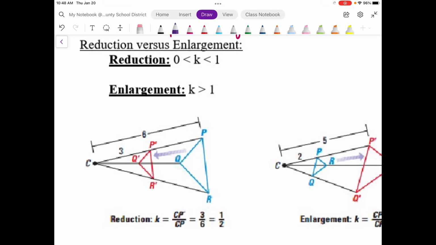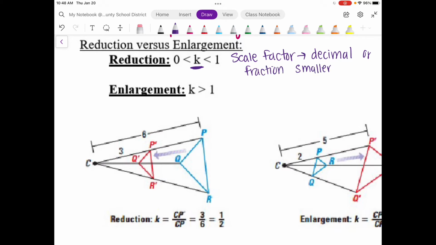So for a reduction, this is a scale factor between 0 and 1, not including 0, not including 1. So the scale factor is either going to be a decimal or fraction smaller than 1.